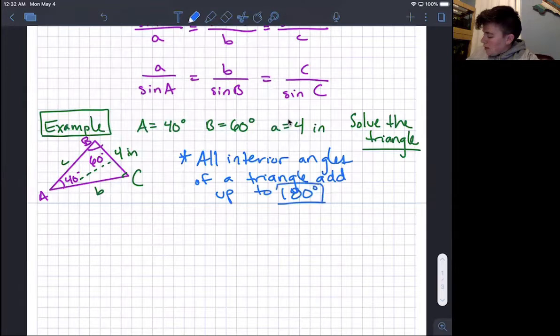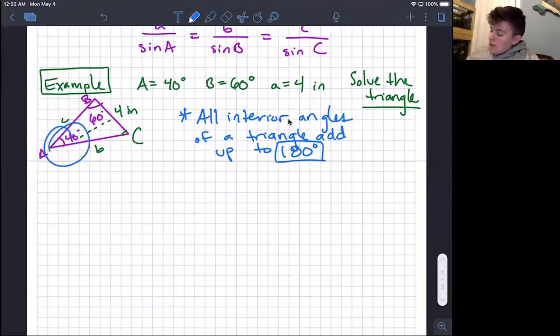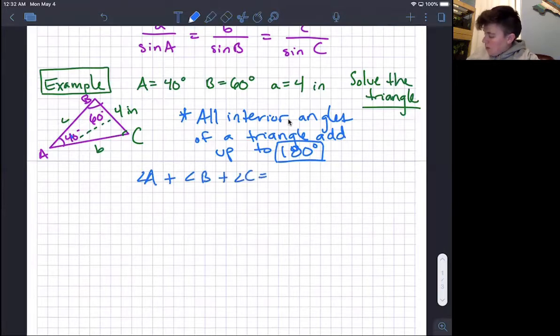180 degrees. Okay, so that means if I know angle A is 40 and angle B is 60, I can just say angle A plus angle B plus angle C, all of those add up to 180. That's 40 plus 60 plus C is 180.